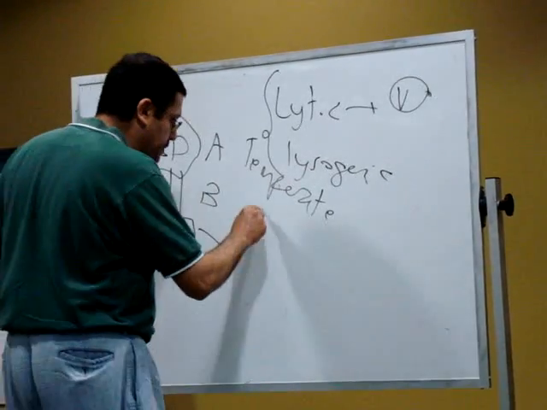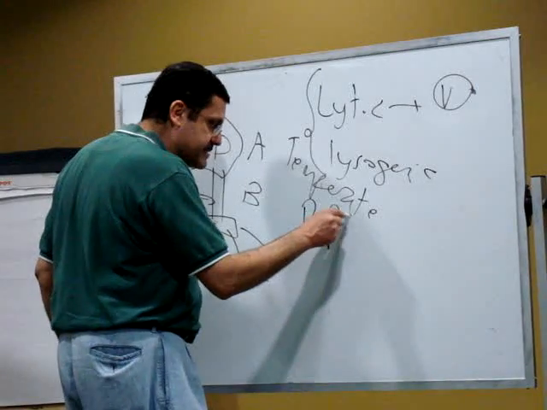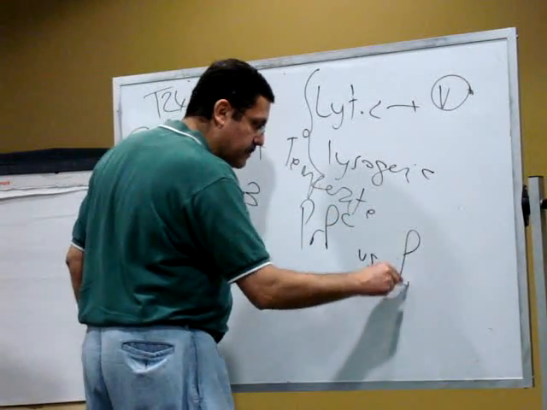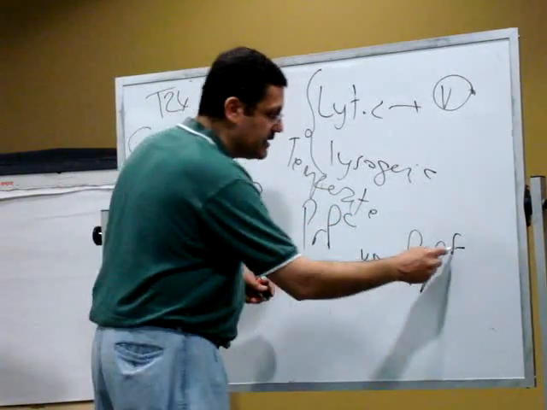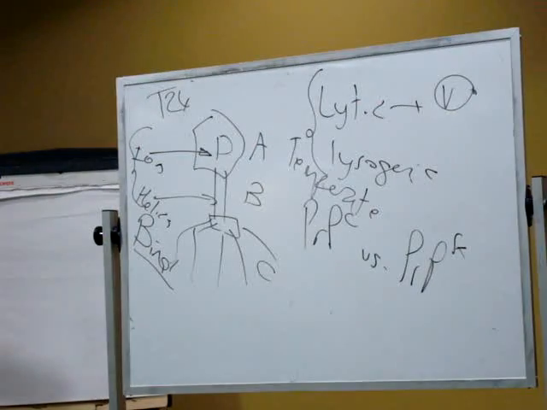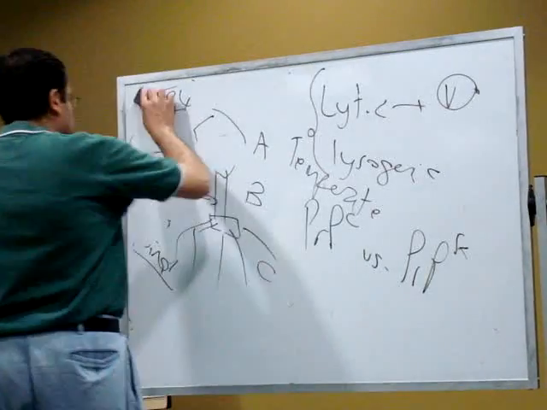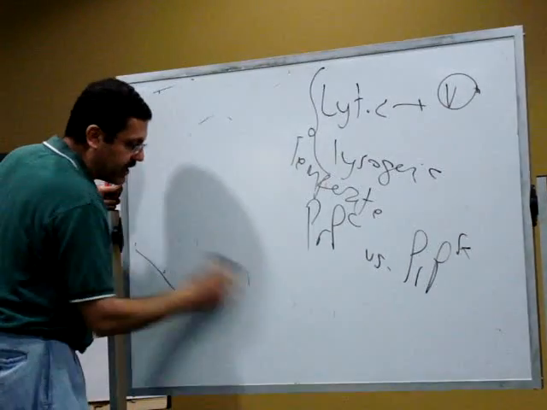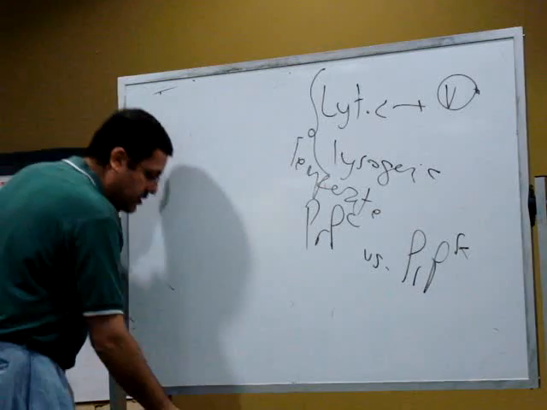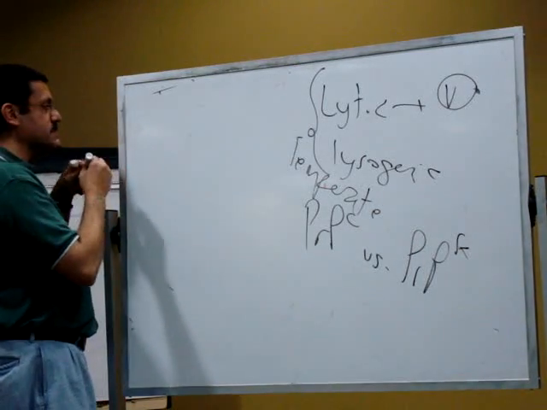What's the difference between PrP-C versus PrP-Sc? You might have a quick key on these. So for example, here's my key real quick.